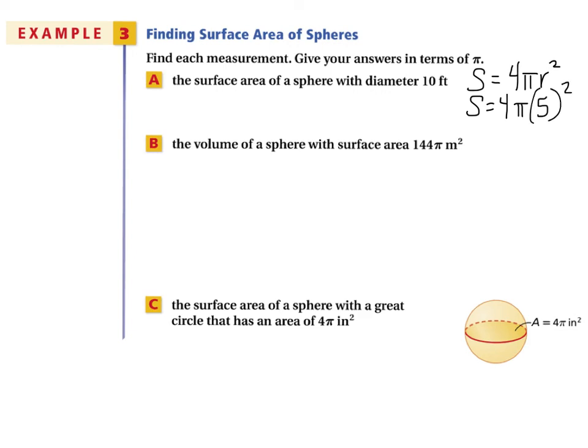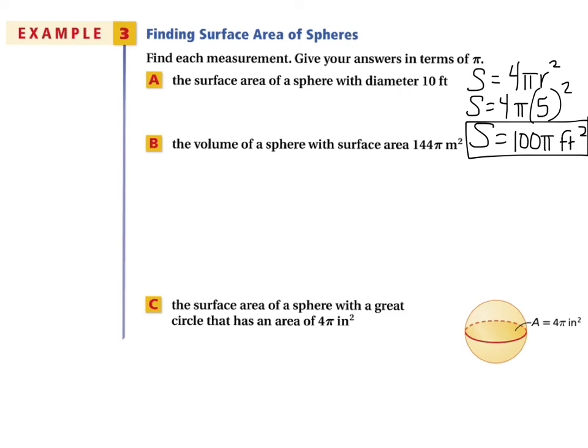Well, 5 squared is 25 times 4. And what would that give you? It would give you 100 pi, and then our label, feet squared. So 100 pi square feet.